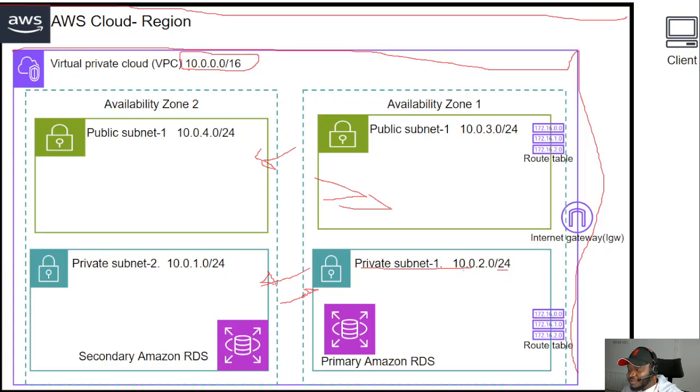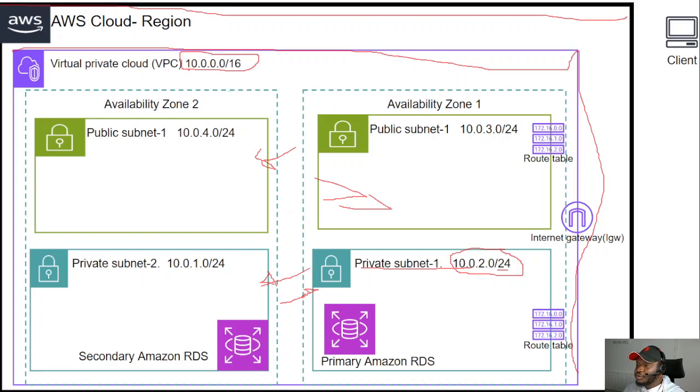What happens is it gives me total control and visibility for my resources, right? And for public subnet 2, we have 10.0.1.0, CIDR range 24. And we have a public subnet in AZ2, and another public subnet in AZ1.